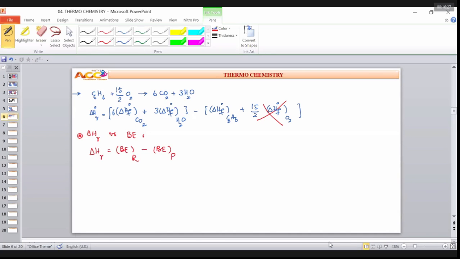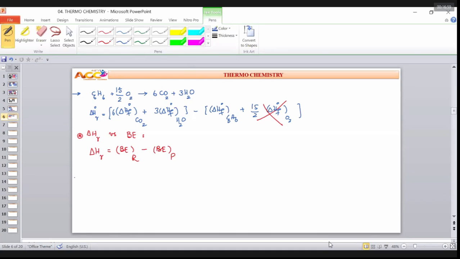I said a number of times in thermodynamics, whenever delta comes, it is final minus initial, 2 minus 1, products minus reactants. Yes, it's absolutely correct, except in 2 places. One is like this, one will come in future. So in case of bond energy, don't say P minus R, say R minus P: bond energy of reactants minus bond energy of products. He will give you bond energy values and you have to go for calculation.